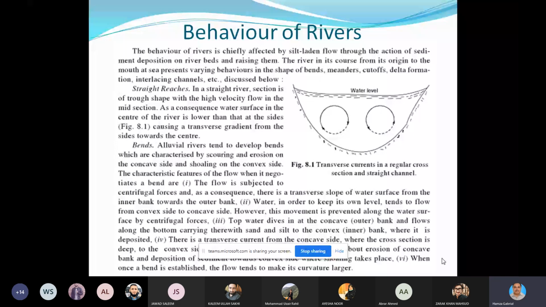Once a bend is established, you see the flow tends to make its curvature larger. While it is forming a well-formed bend, it then transforms into a meander pattern, where the curvature will grow more.